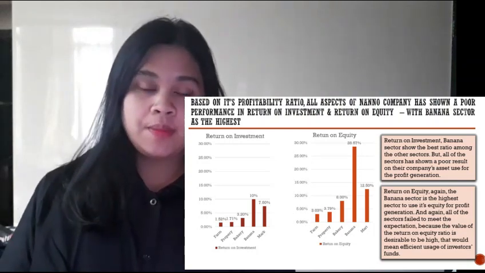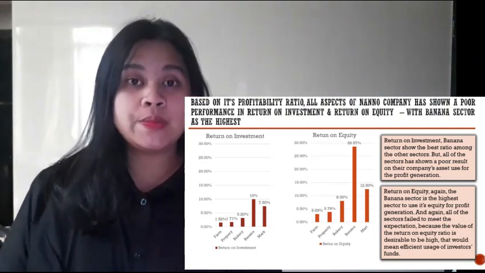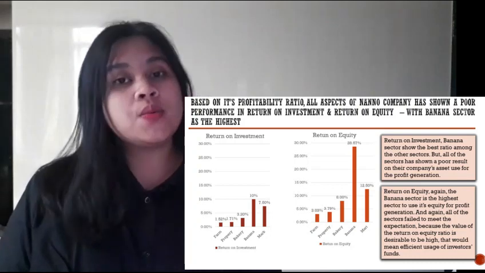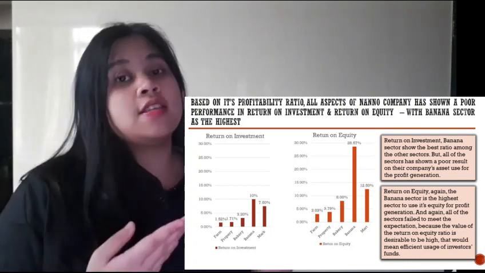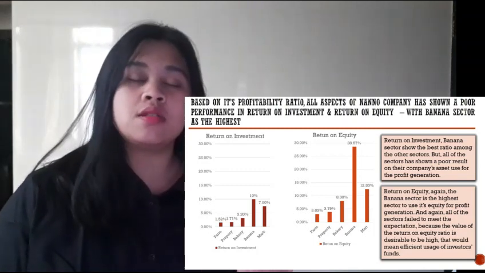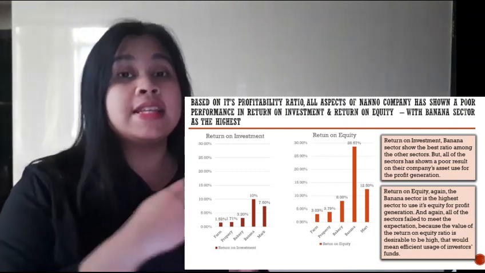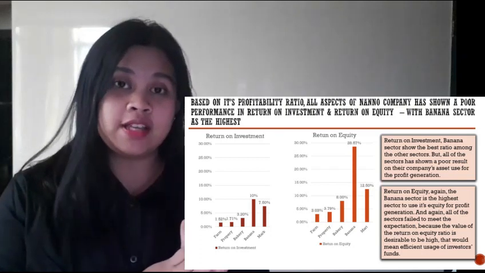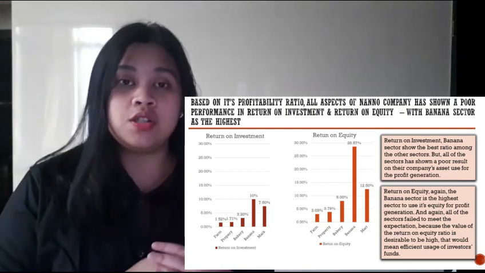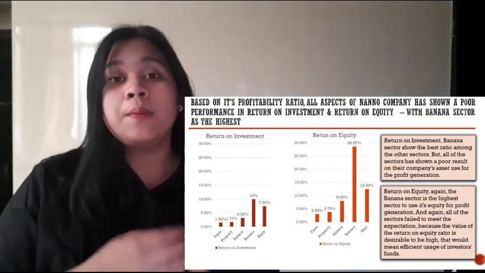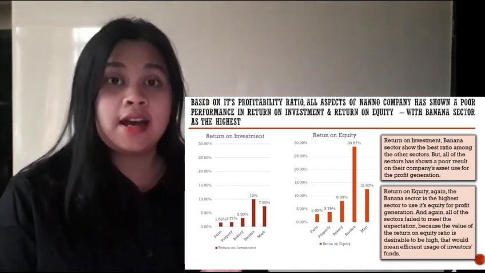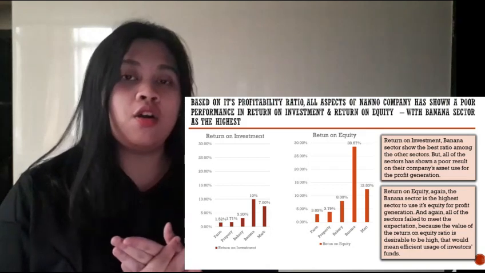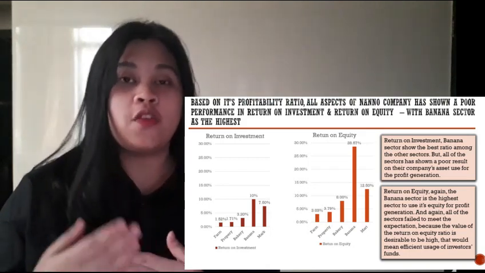The next profitability ratios are return on investment and return on equity. As we can see, on both ratios the sections have shown a poor result because they don't exceed 100%. This means that the company has failed to efficiently use their investment, in this case assets, and their equity or their investors' funds.